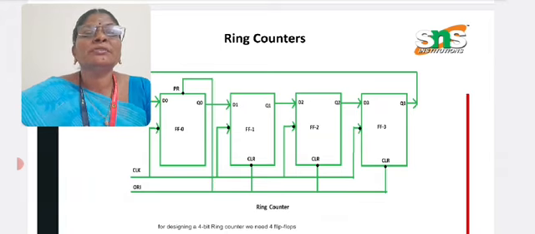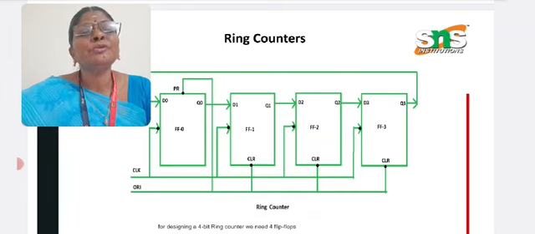The only thing to note here is that the output of one flip-flop is given as the input to the next flip-flop. The output Q0 of flip-flop 0 is given as the input D1 of the second flip-flop.